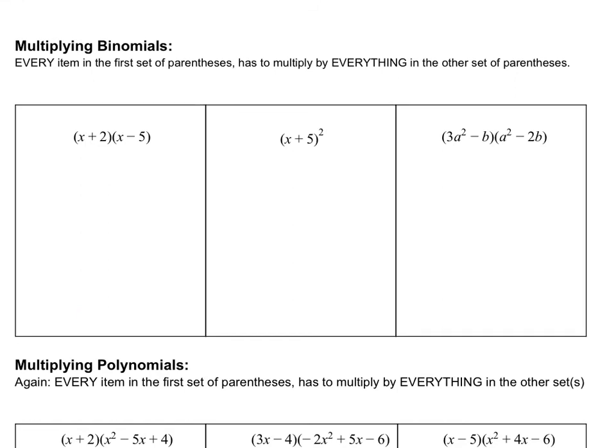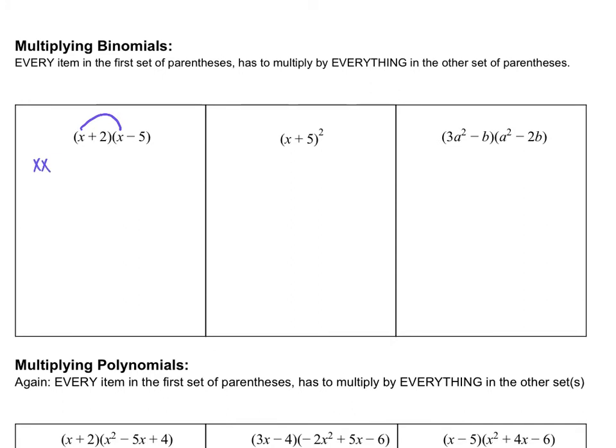All right, on the back side though, we're multiplying binomials, so that means each thing has 2 parts to it. So every item in the first set of parentheses has to multiply to everything in the other set. So what that's going to look like is on this first one, we have x plus 2 times x minus 5. So this first x, I need to distribute and multiply x by x.